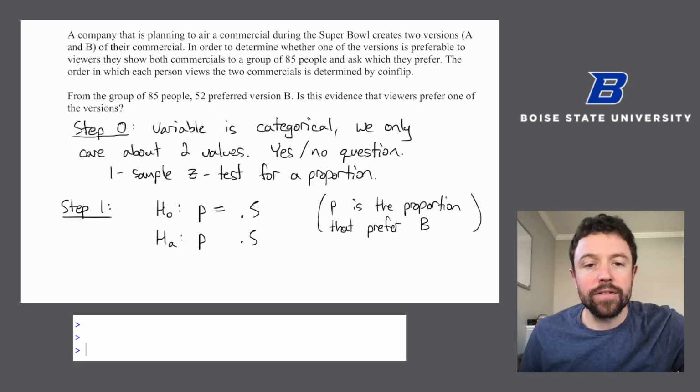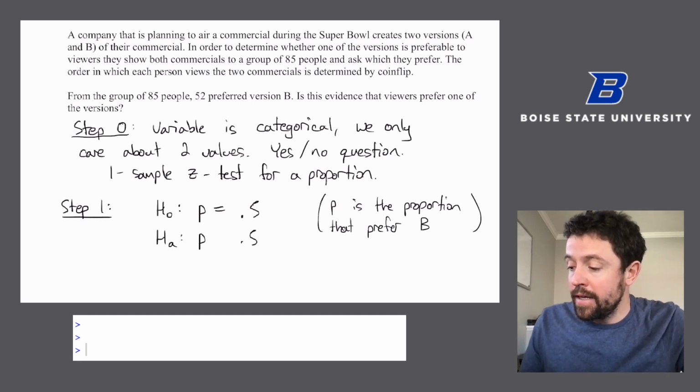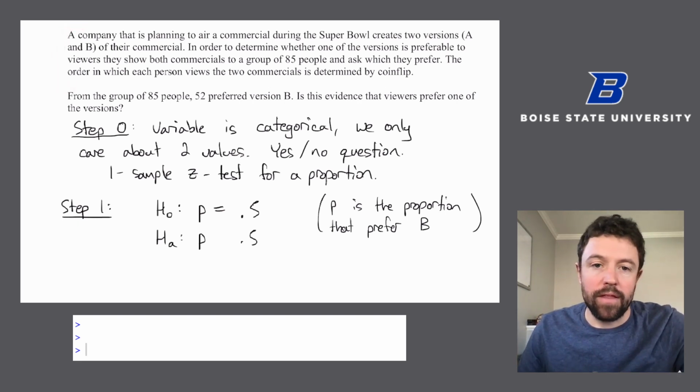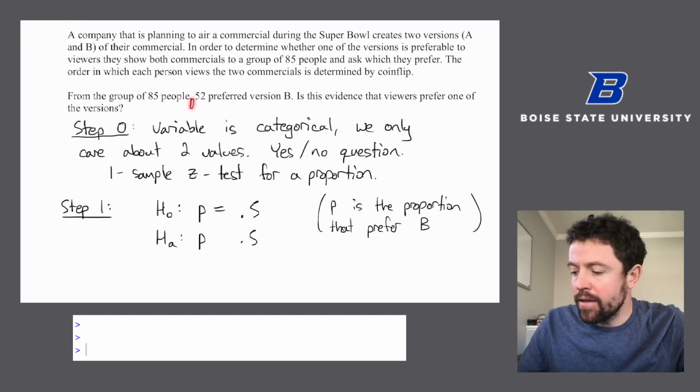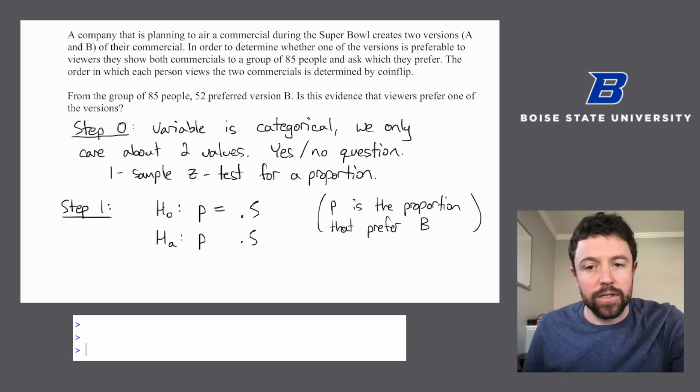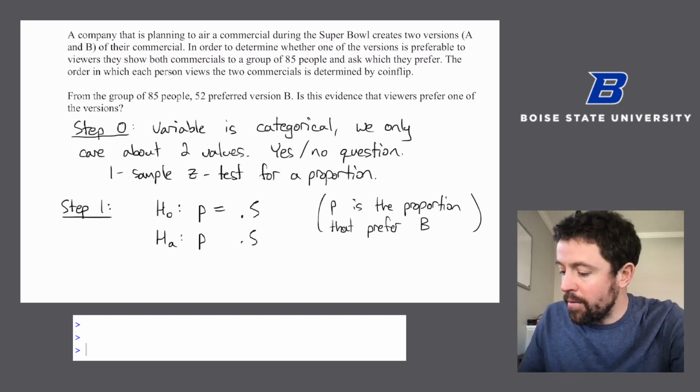Now, as it turns out, that doesn't really affect our alternative hypothesis, because in the problem, there is no indication before they do the study that people prefer one versus the other, right? In the end, it looks like more people prefer version B, but our data does not influence our hypotheses. The hypotheses can be stated without looking at the actual data from the sample.